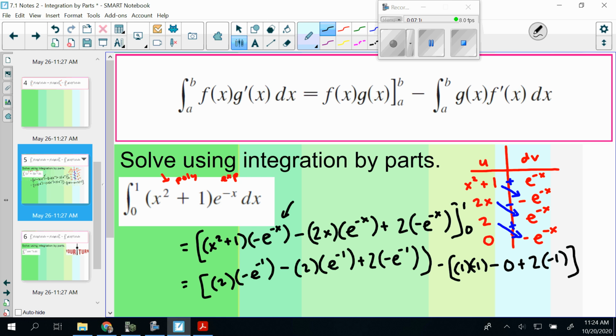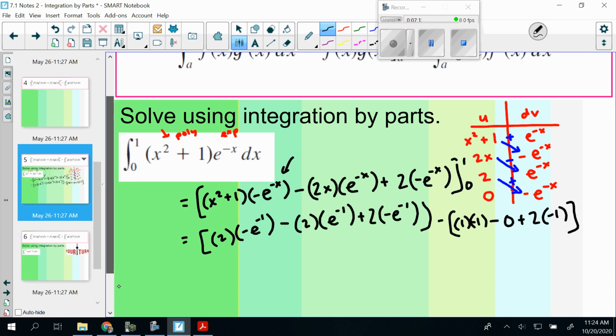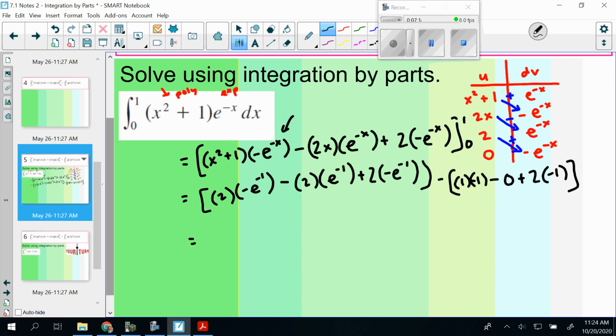All right, so now it's just seeing what this equals here. See if we can simplify this at all. This would be like negative 2. I'm going to move that e down to the denominator to make the exponent positive. Minus, I'm going to do the same thing here. And this next one's also negative, so I'm going to also do it here.